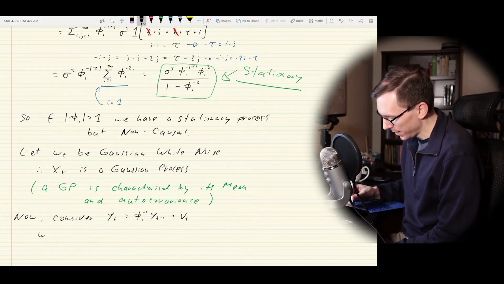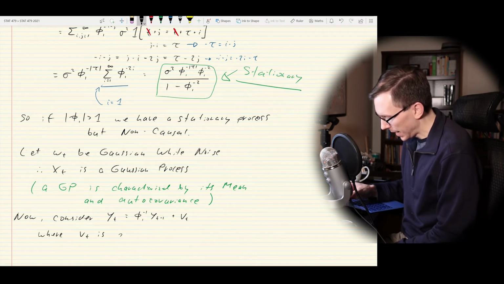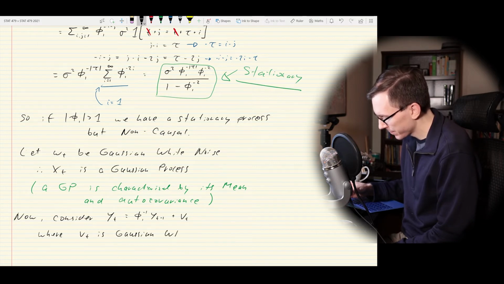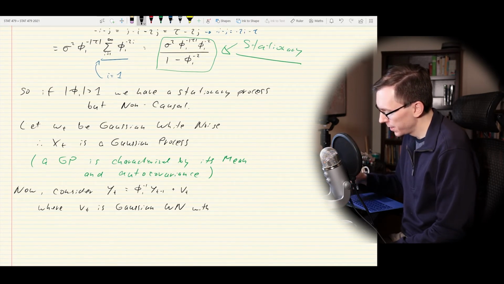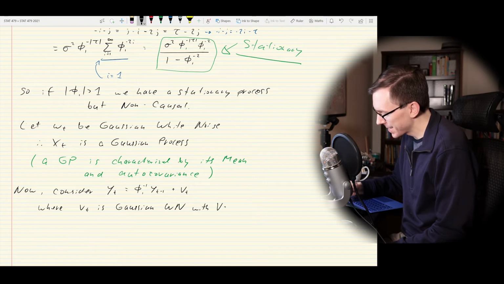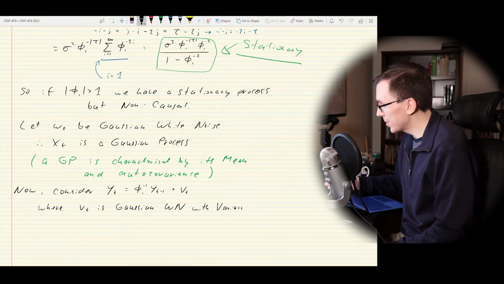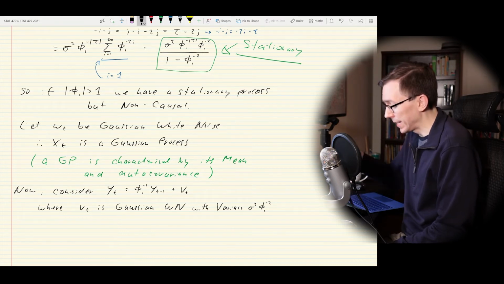I should say where V_t is Gaussian white noise with a variance. It always has mean 0, of course, but its variance in this case is going to be sigma squared times phi 1 to the minus 2.